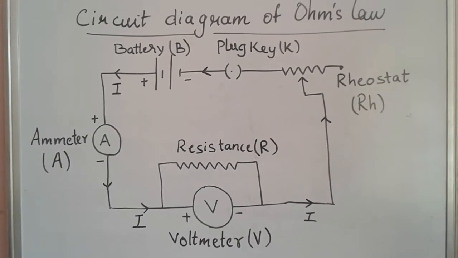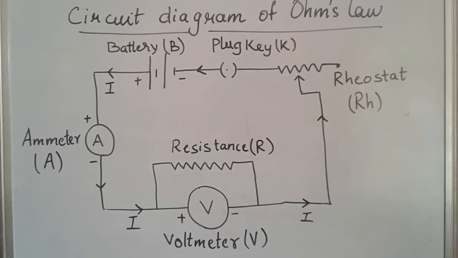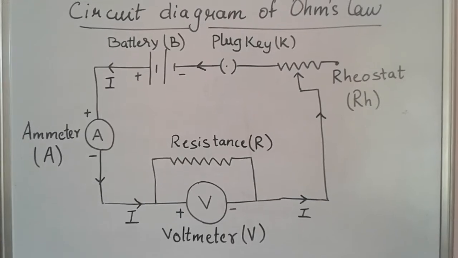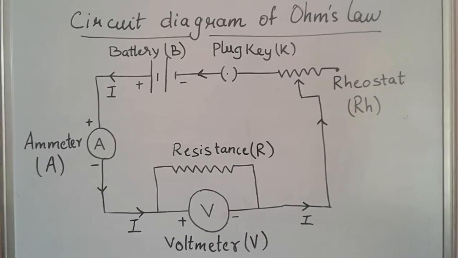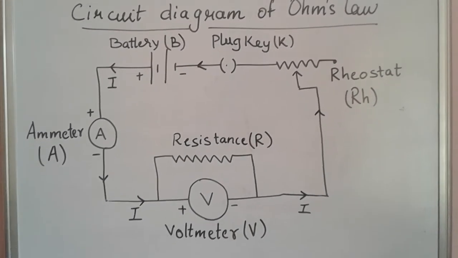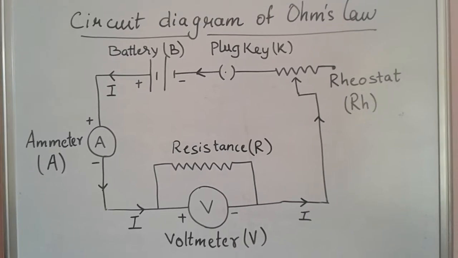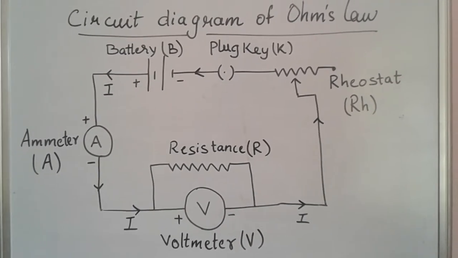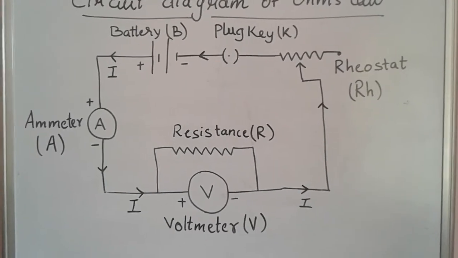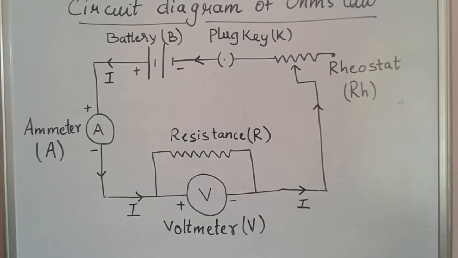So the arrow represents the flow of current through the conductor, and in this situation it represents the flow of current in the electric circuit. So this is the circuit diagram of Ohm's law. Ohm made this circuit, and with the 2 meters, the voltmeter and ammeter, the values of potential difference and current were measured and written in an observation table.